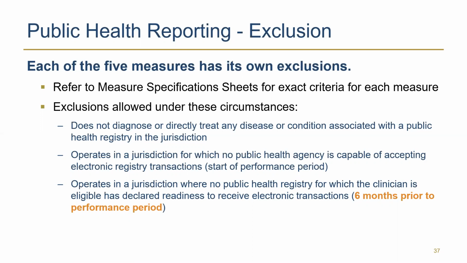And the third one is the MIPS eligible clinician operates in a jurisdiction where no public health registry for which the MIPS eligible clinician is eligible has declared readiness to receive electronic registry transactions as of 6 months prior to the start of the performance period. Note the highlighted language regarding the 6 months prior to the performance period, as I'm going to be referencing that in just a couple of minutes when I talk about registries specific to Hawaii.